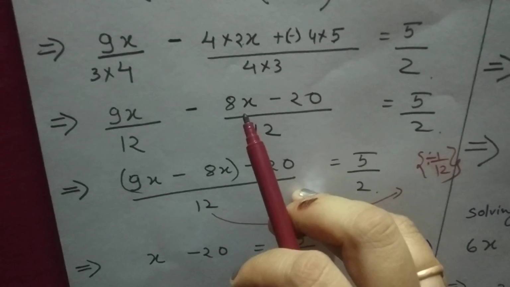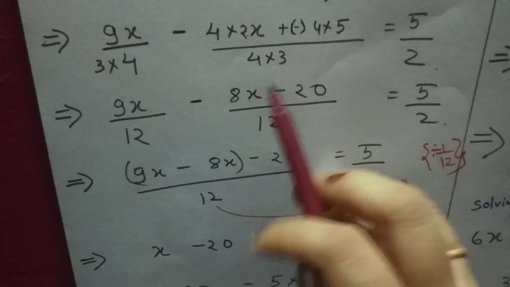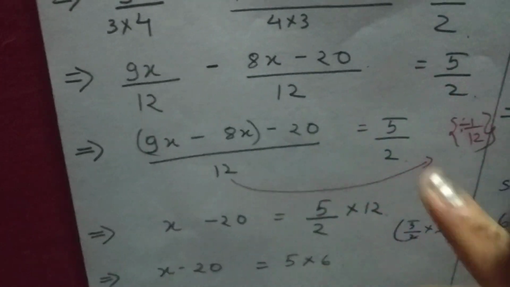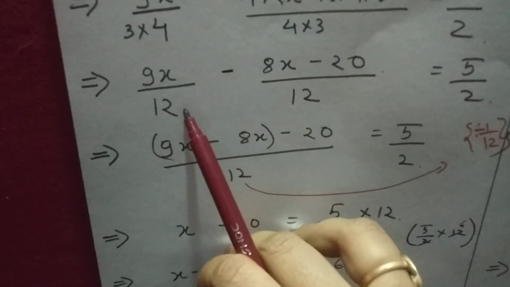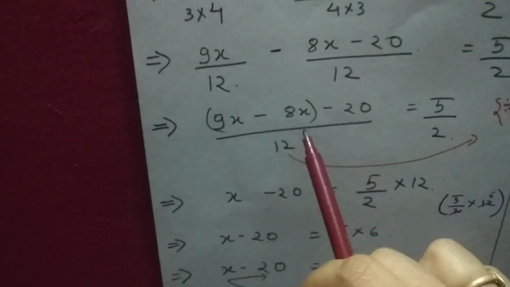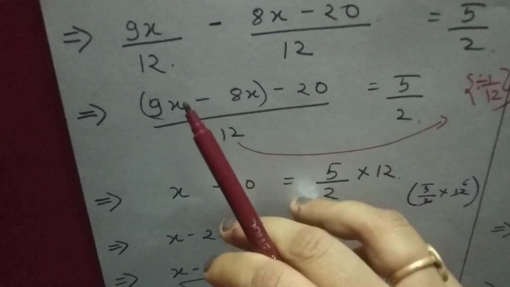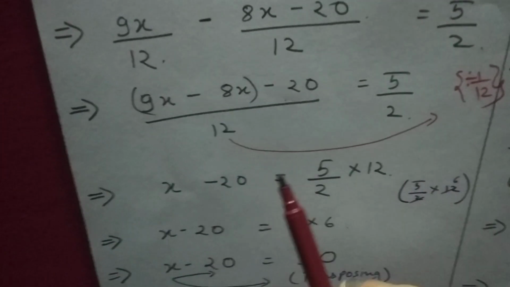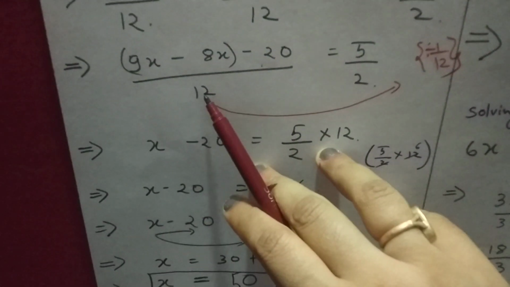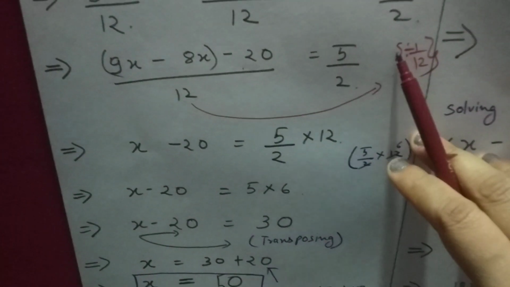So we will simplify it. 4 into 2 is 8x and 4 into 5 is 20. We will get the answer here. Because the denominator is same, अब इस पूरे term को this whole term has to be kept together. इसको एक तरह से हम एक साथ रख सकते हैं. Now in the next step what we can do, this 12 we can move here.